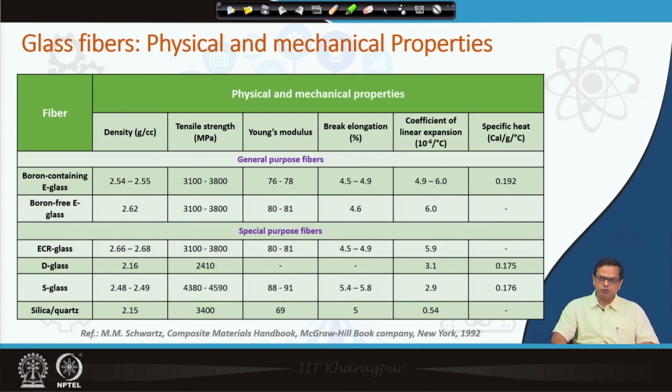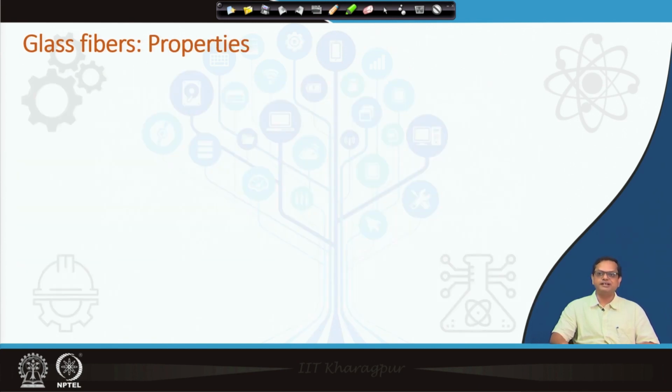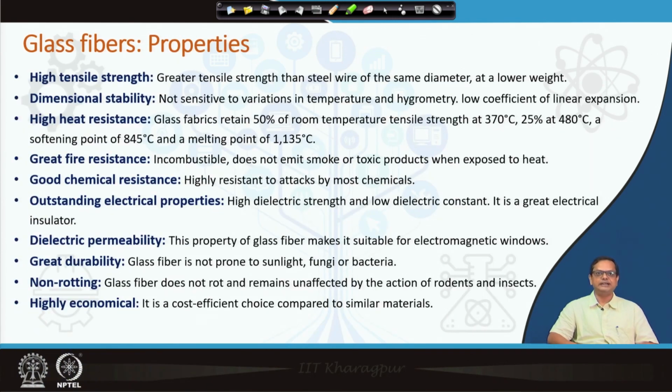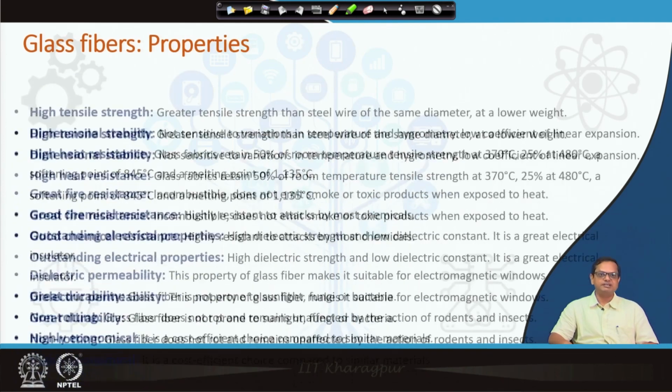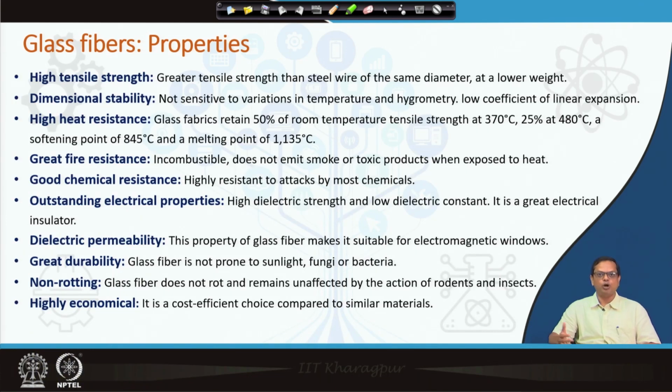If you look back once more at the different properties, glass fiber has high tensile strength and dimensional stability, meaning the CTE value is not that high. The coefficient of linear expansion mentioned here is not very high, so the dimensional stability is retained. It has high heat resistance, does not catch fire, does not evolve any volatile substance when heated, and has very good insulation property.